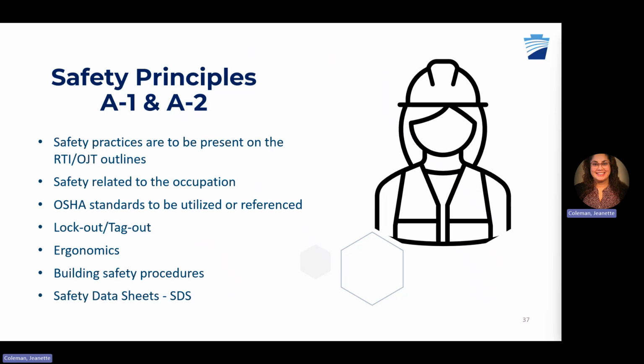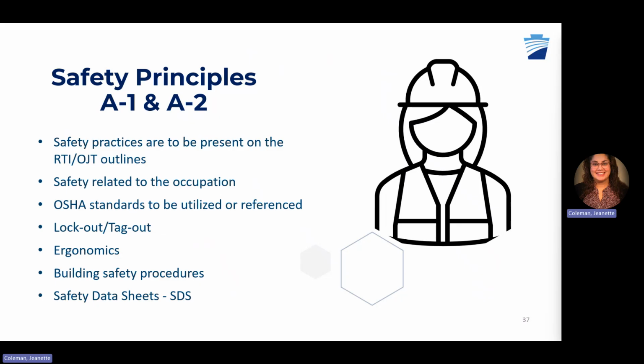So occupational specific safety should be reflected throughout the RTI and OJT components, and industry recognized standards such as those set by OSHA should be referenced or used as guidelines. So common examples of important safety principles include lockout tagout procedures, ergonomic best practices, building and job site safety protocols, and understanding the SDS.